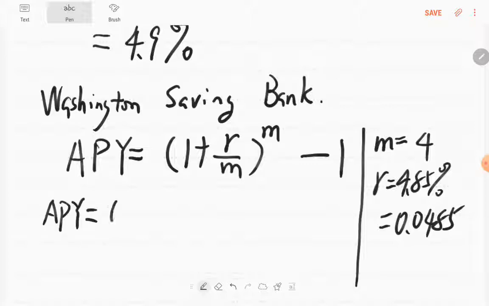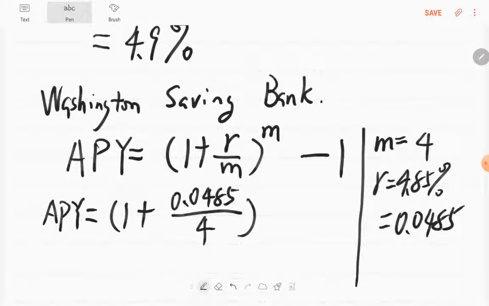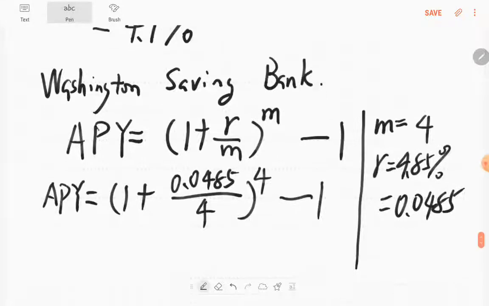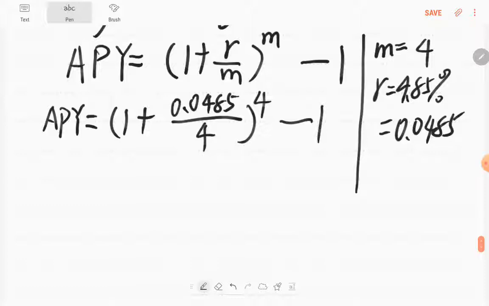APY is equal to (1 plus 0.0485 divided by 4) to the m, where m equals 4, minus 1. So you do your calculation.